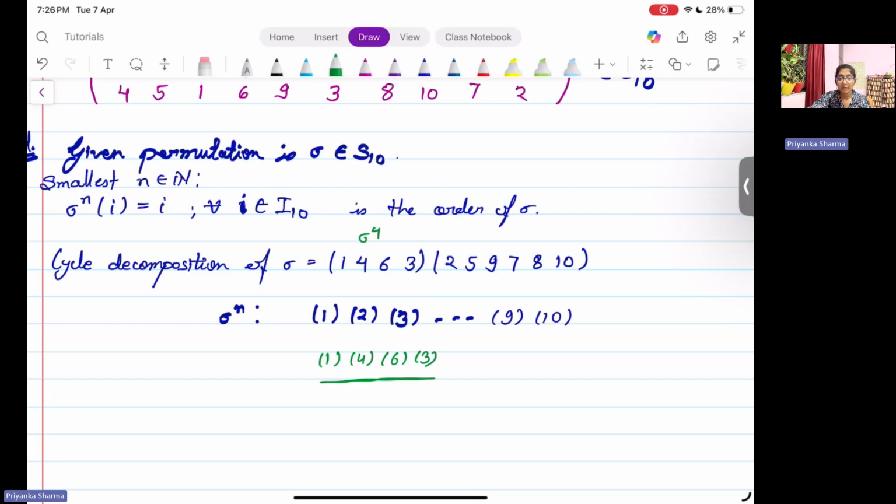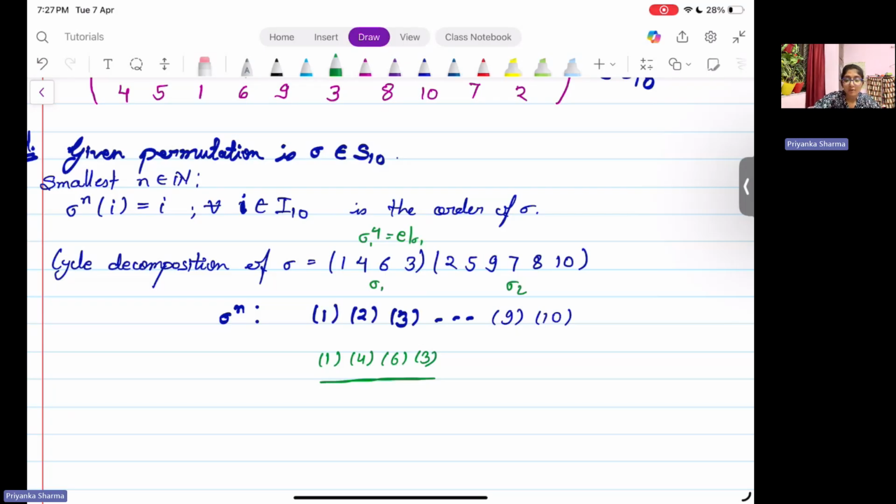All the multiples of 4 will give us this. Now, this is sigma 1 and this is sigma 2. So sigma 1 to the power 4 will give us the identity reduced to sigma 1.